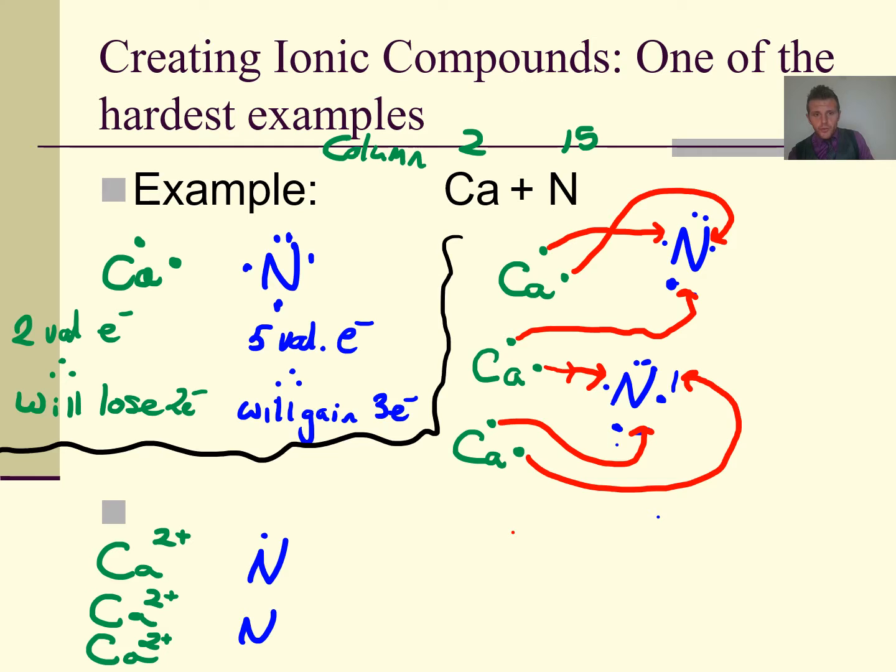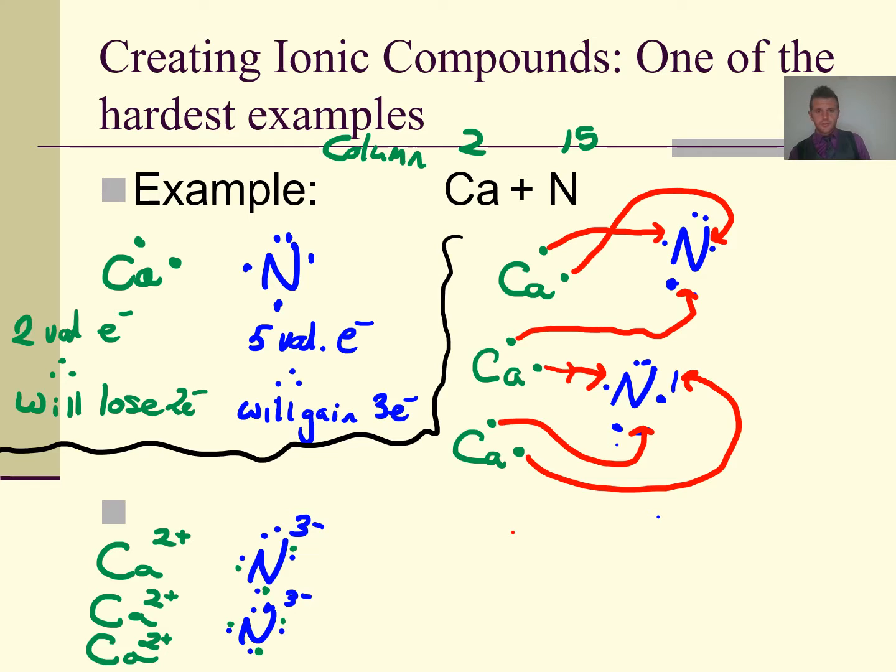And they both came with 5 valence electrons to start. And each of them gained 3 electrons from calciums. So since these nitrogens gained electrons, that means they are now anions with a 3 negative charge.